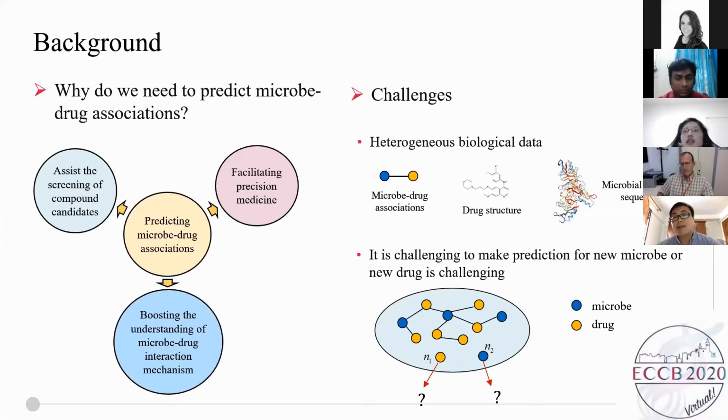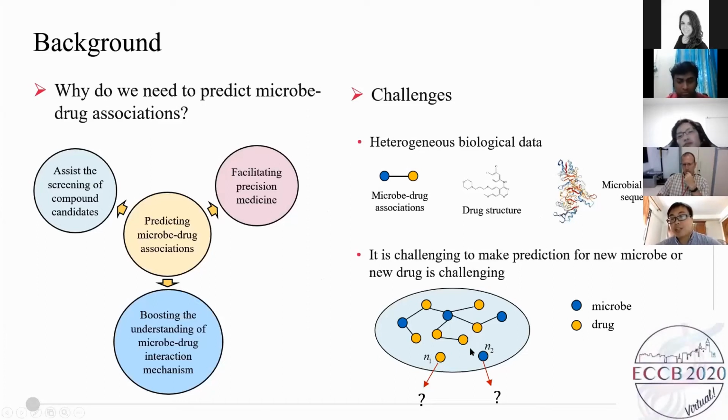On the one hand, there are large amounts of prior biological knowledge available, such as micro-drug associations, drug chemical structure information, and microbial genome sequence. On the other hand, in the network, it is common to have some isolated nodes, such as N1 and N2.